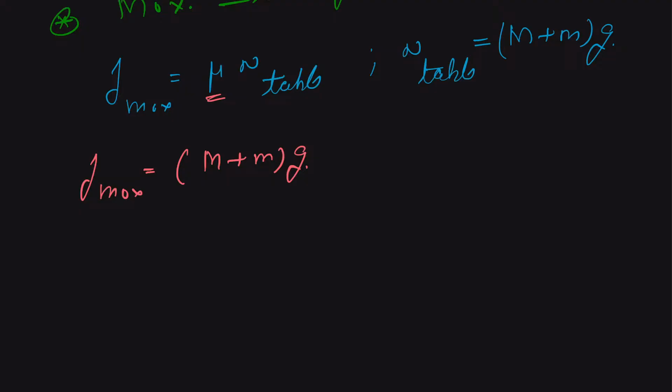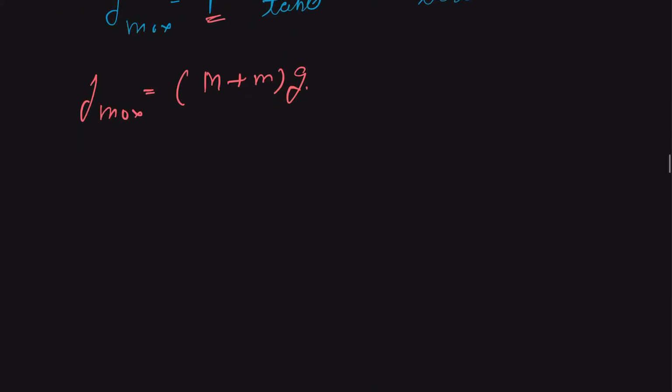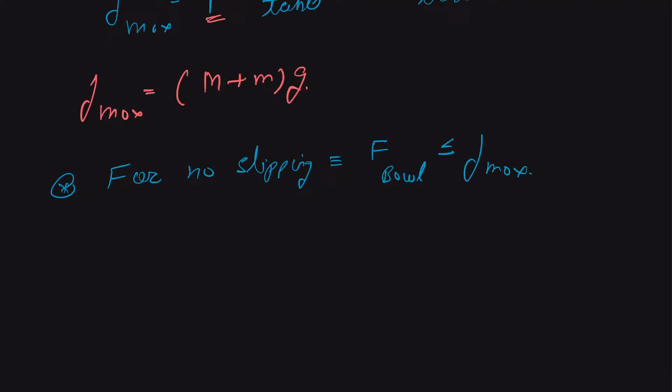For no slipping, because the ball should not be slipping or moving on the table, we can write that the friction because of the ball should be less than or equal to the maximum value of the friction.